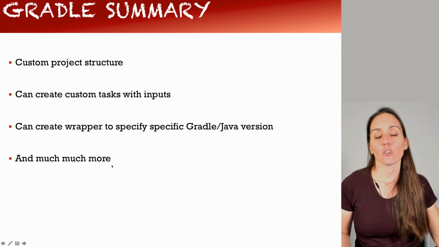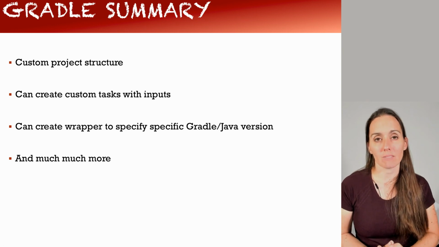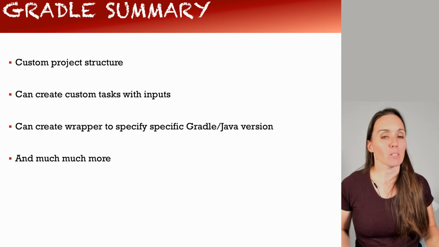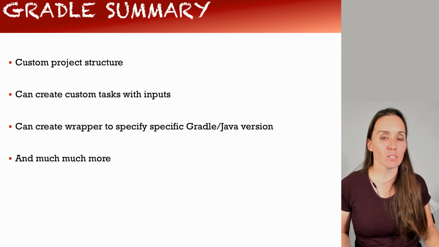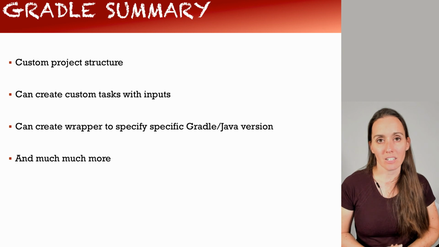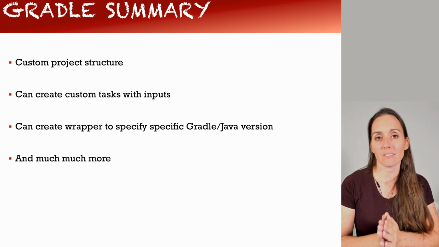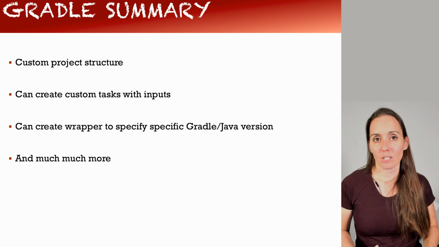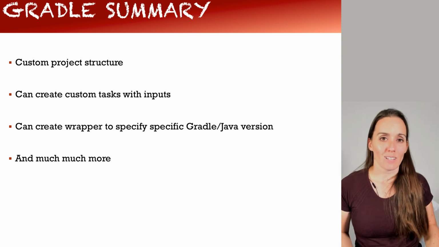And of course, you can do much, much more, but I don't want to get into all of these things in detail because that will probably be too much, and we might add on some of the little things, but often the little things are included in your example code and have a comment and description on there, so that explains a little more of what's going on. I think if you understand the basic structure and the basic idea that's going on in a Gradle script, you can figure the rest out and build onto that.